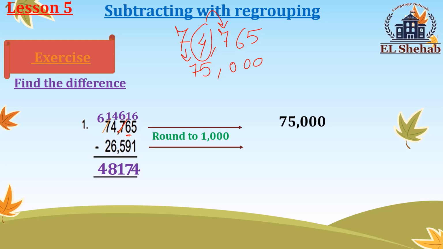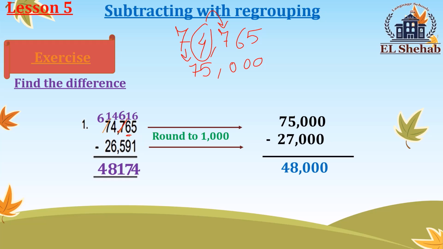What about the subtrahend 26,591? If I round it to the nearest thousand, it will be 27,000. Now, let's subtract 0 minus 0, 0, 0 minus 0, 0, 0 minus 0, 0. Can I make 5 minus 7? Of course not.